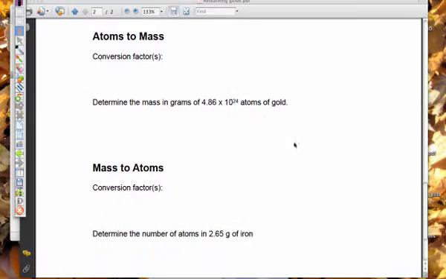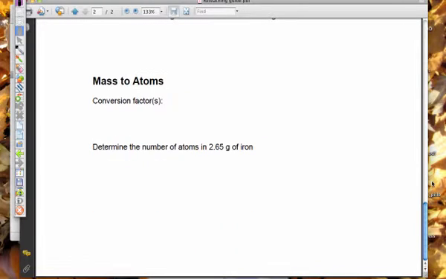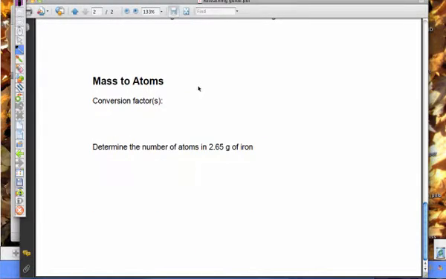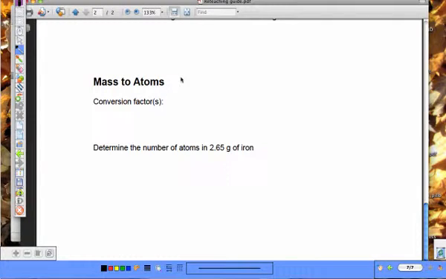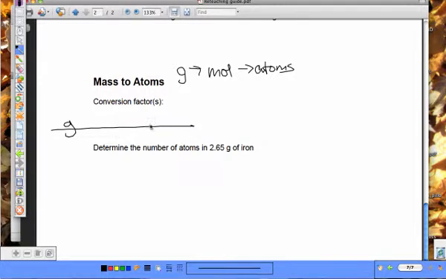Then the last type of problem is mass to atoms. Can we go straight from grams to atoms? No, what do we have to go to first? Grams to moles, and then we can convert moles to atoms. So if we're given a mass in grams, we want grams on the bottom, and that's the molar mass of 1 mole, which comes from the periodic table.